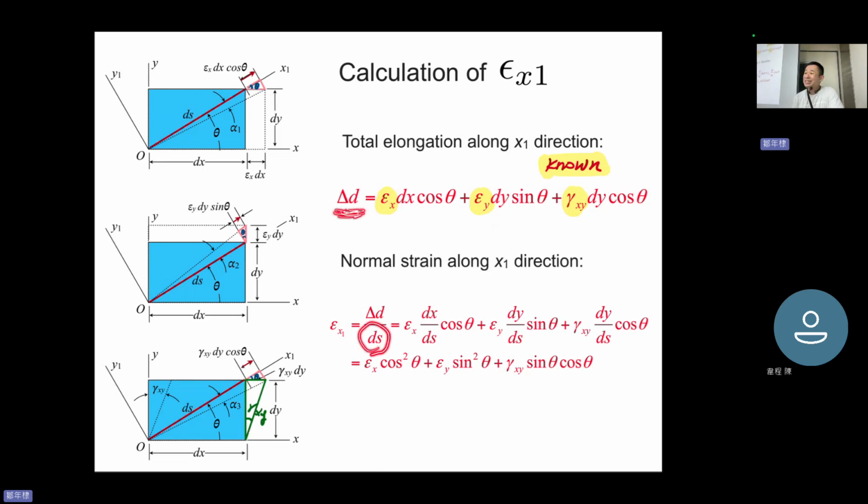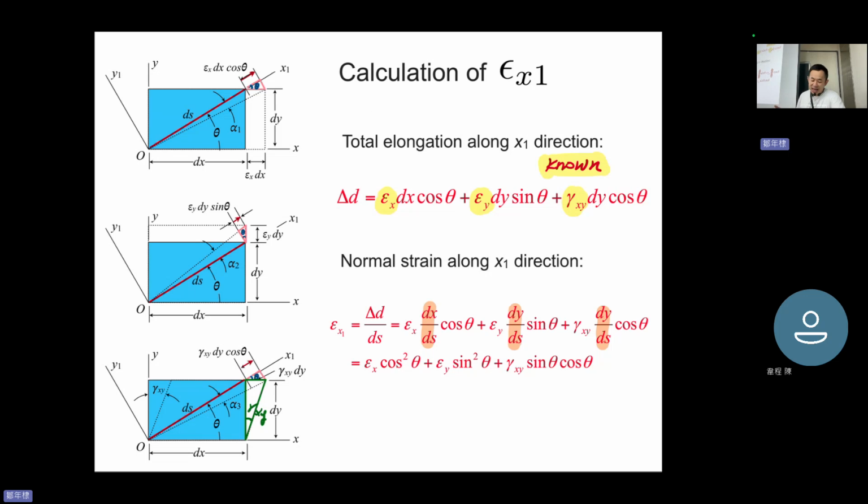We divide by ds. What is ds? The original length. So it will be epsilon x1, right? So dx divided by ds, dy divided by ds. What are they?